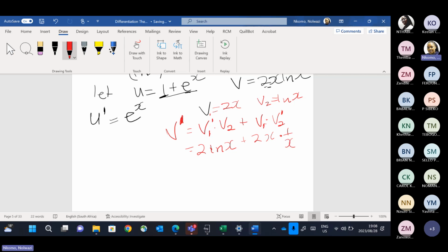We can simplify this, and the x and x will cancel out. You will have our v prime as 2 ln x plus 2. You can again write this as 2 into 1 plus ln x, but I'm just going to leave it like this for now. It's fine.